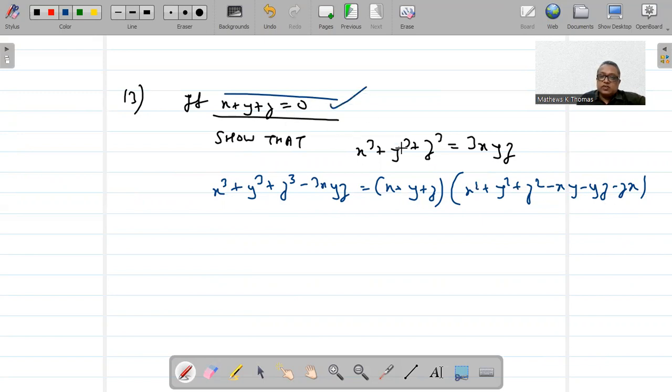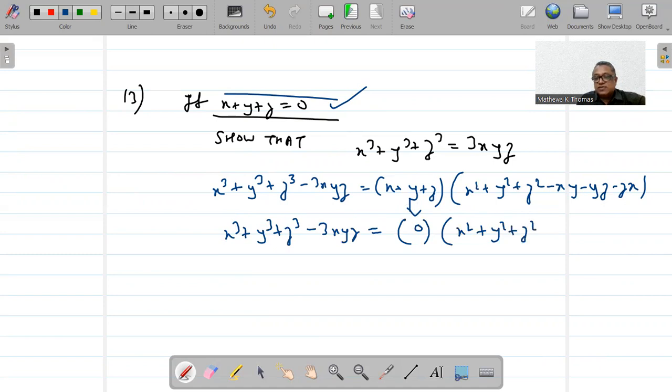Now they have given that x plus y plus z is 0. That means this particular bracket can be replaced with 0. So what happens? x cube plus y cube plus z cube minus 3xyz is equal to, instead of this I'll put 0, and this bracket will remain as it is. But we know that anything multiplied by 0 will be 0. So irrespective of whatever is there in the second bracket, this entire RHS will be 0.